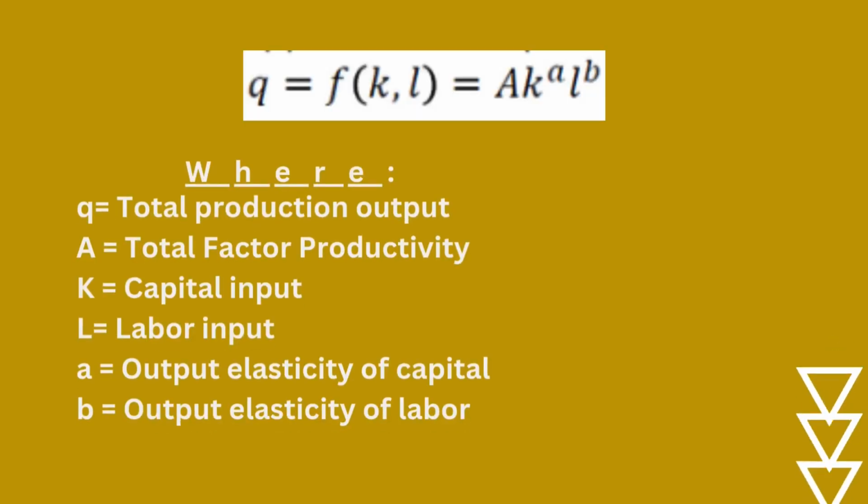In this function, Q represents the total output, and capital A represents the factor of productivity. K is the input capital, L is the other input, labor, and small a is the elasticity of capital, and b is the elasticity of labor.